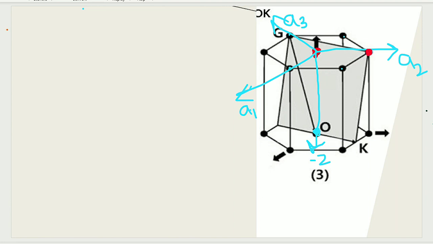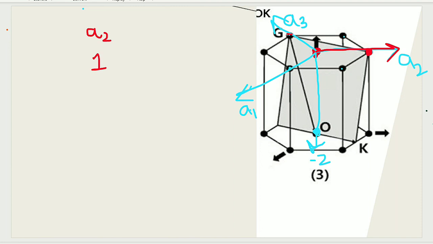The plane is touching the a2 axis at, this is the a2 axis line, I hope you can see my cursor, at this point, at the corner of the unit cell, the plane is intersecting the a2 axis. So the a2 intercept is positive 1 because it is intersecting in the positive direction.